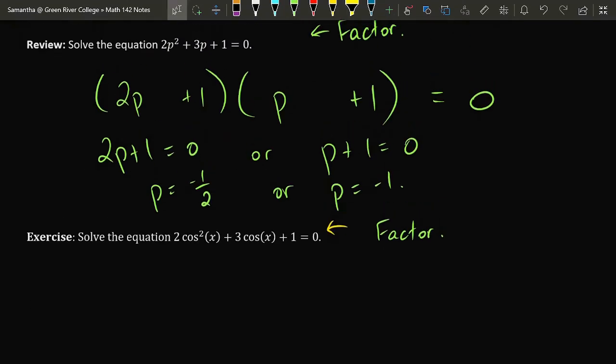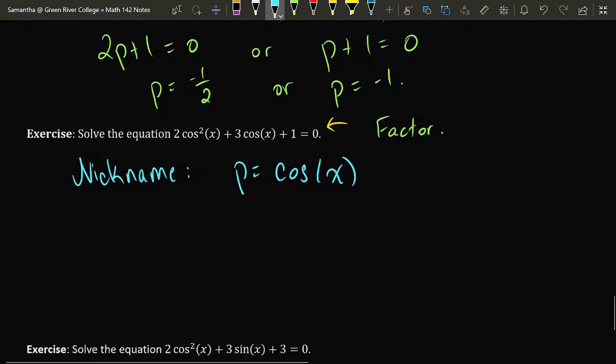Now this is how we factored quadratic equations back in algebra. And we can apply exactly the same technique here in this equation, where instead of having a p squared, we have a cosine squared, and instead of having p, we have cosine. To factor this more complicated expression, we can, for simplicity's sake, just nickname the cosine by the simpler single letter p.